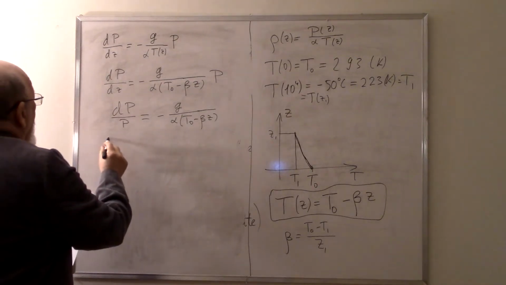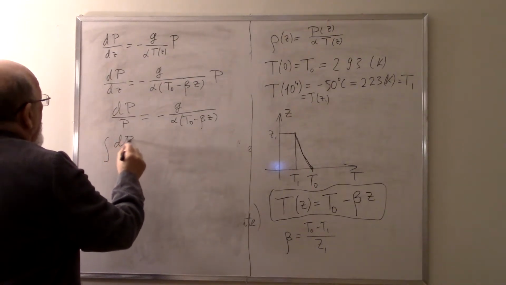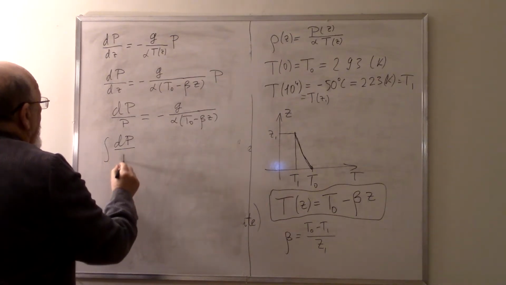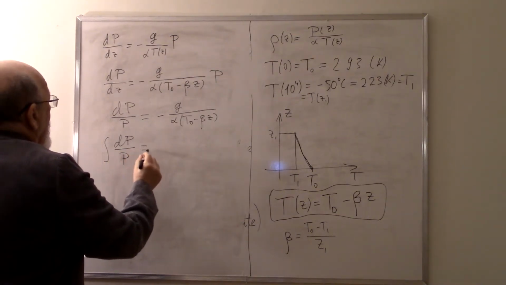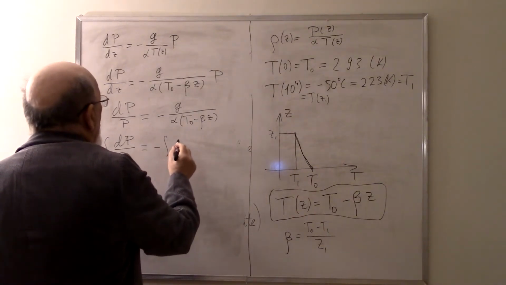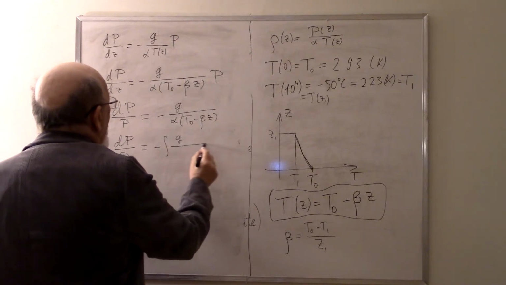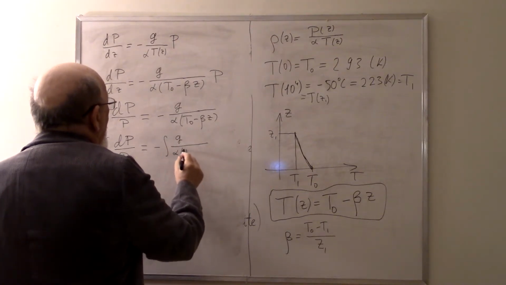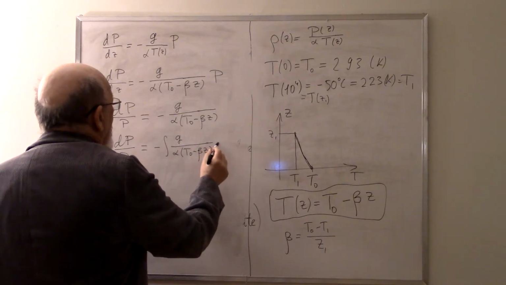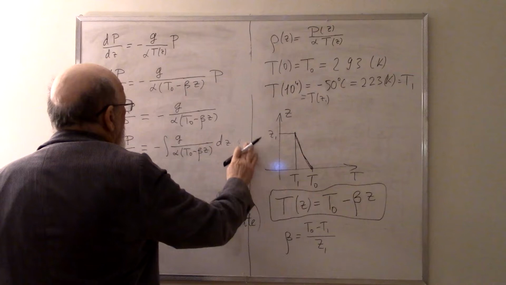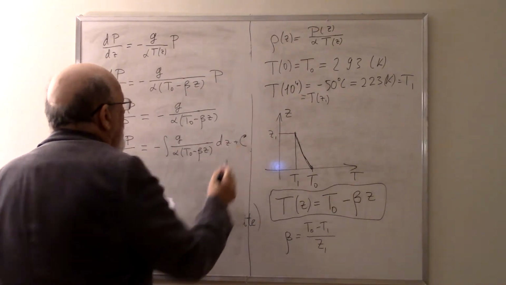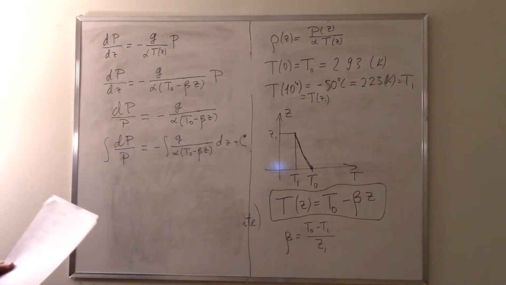So the integral of dP divided by P equals minus the integral of G divided by alpha, T0 minus beta Z, dz, plus C. We will find this C later.